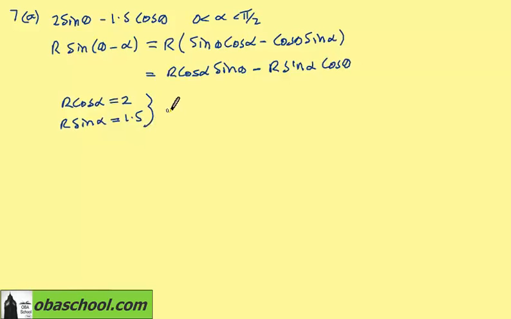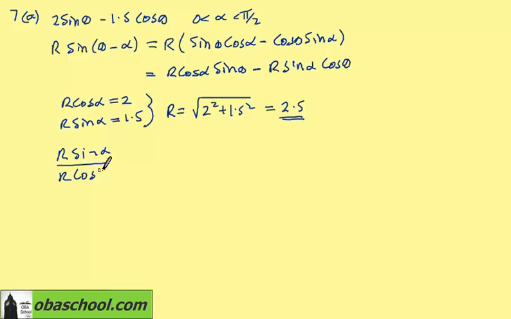The shortcut for r in this situation is to say that r is equal to 2 squared plus 1.5 squared, square rooted. That gives us 2.5. Dividing this one by this one gives r sine alpha over r cos alpha is equal to 1.5 divided by 2.